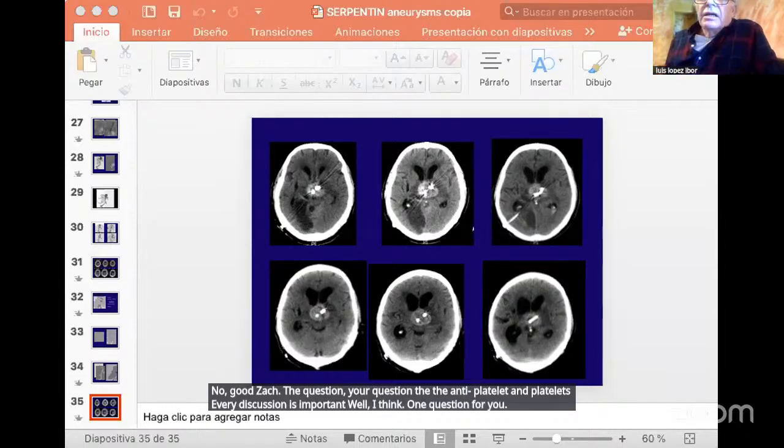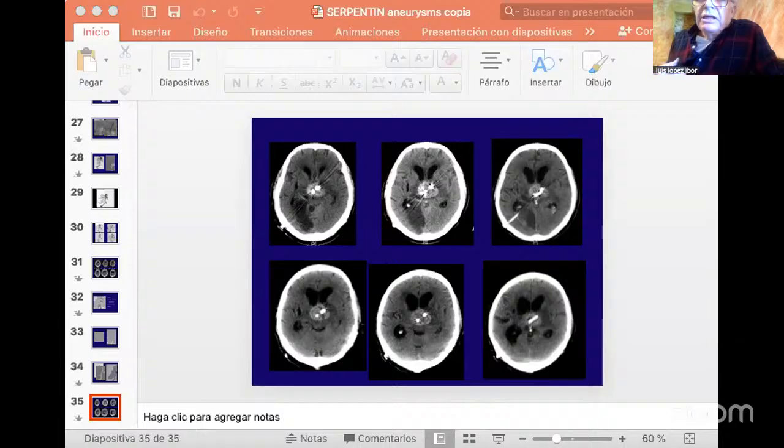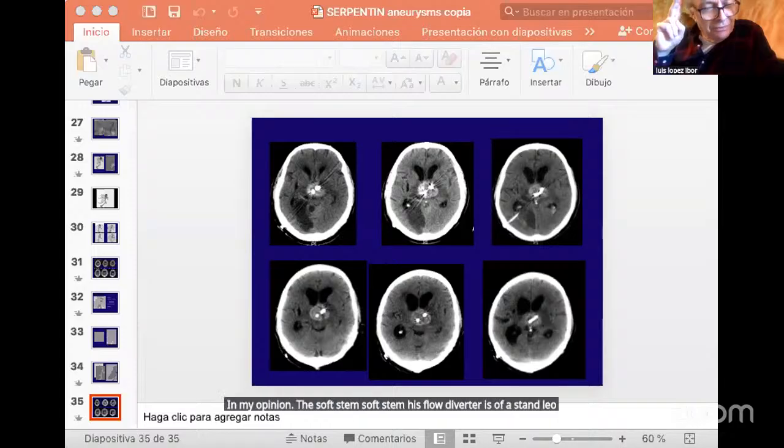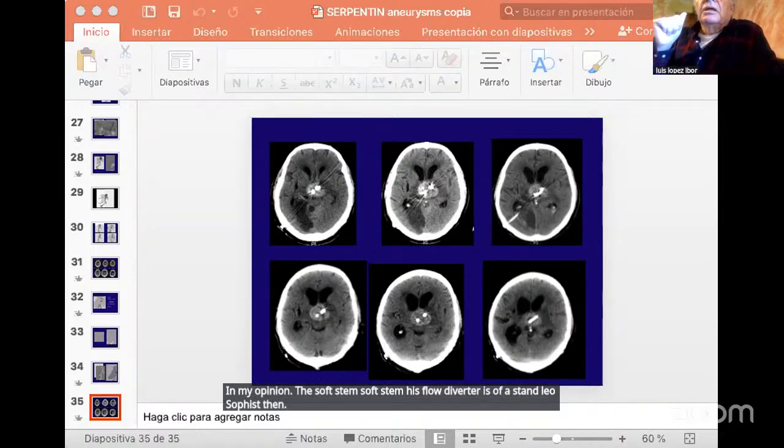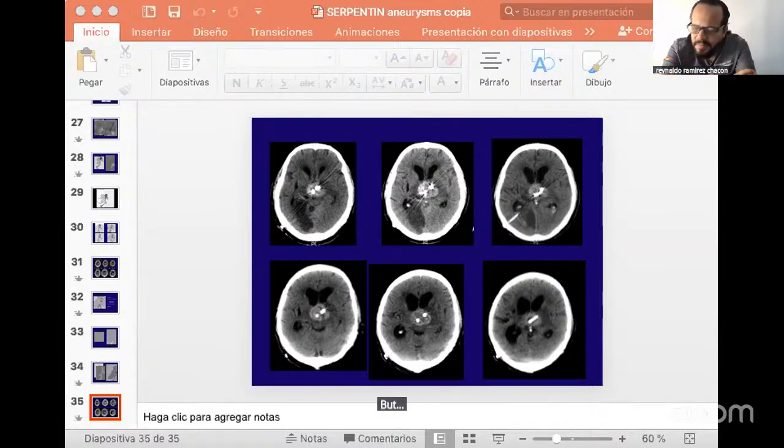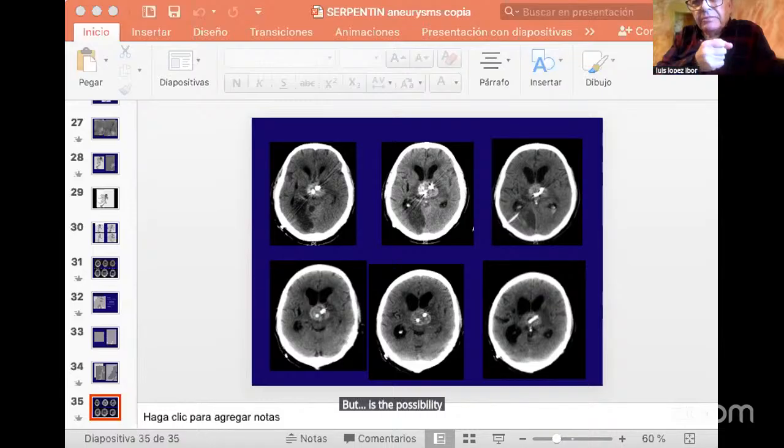In my opinion, the soft stent, the flow diverter, is a soft stent. Leo is a soft stent. But the pulsatility of the artery goes at the same time as the pulsatility of the stent.